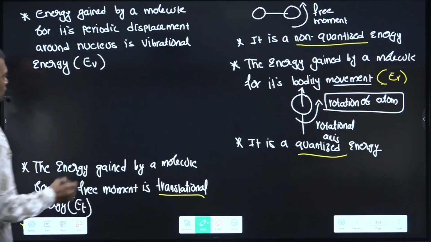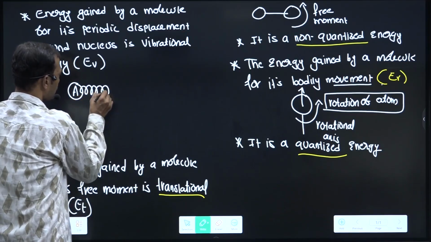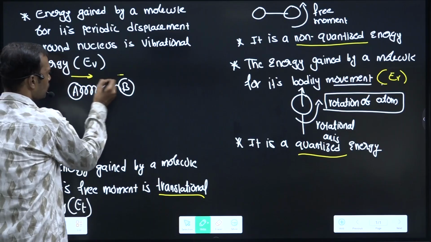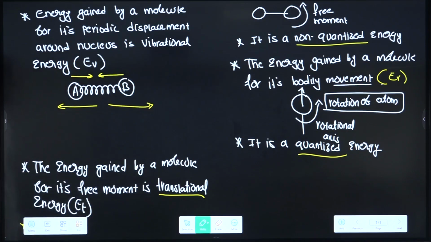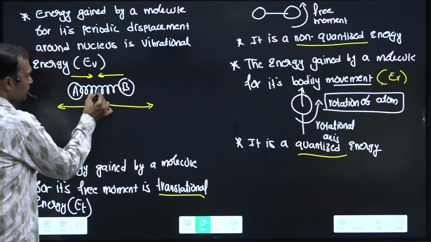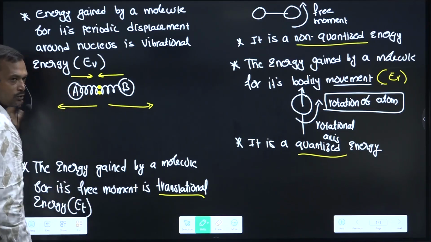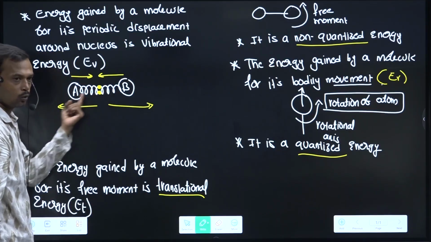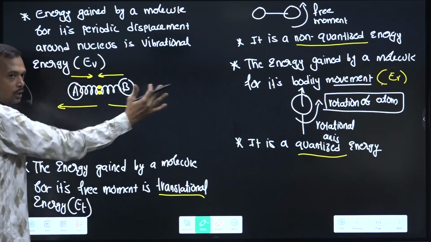Here if I take A, it is connected to B by a spring. Suppose this is called compression, and this is called elongation. This is called vibration energy level. Take a spring, here the nucleus will be there. This is at equilibrium, without movement. Take a spring, a covalent bond. Now compress it, leave it. What happens? Elongate it, then compress.